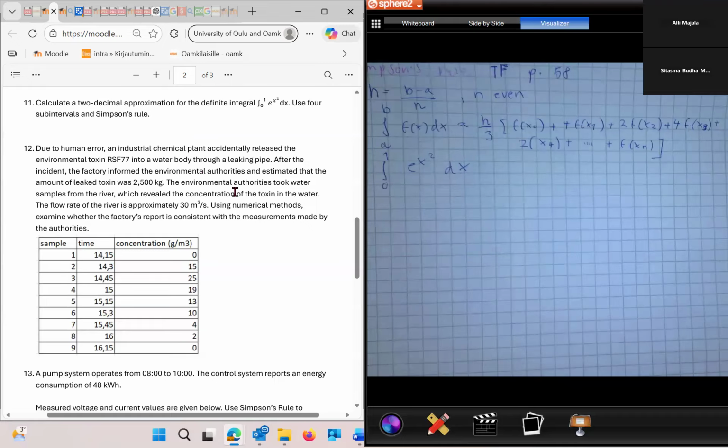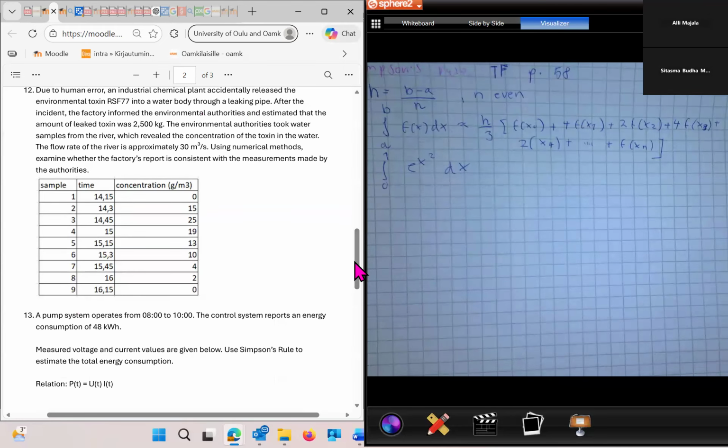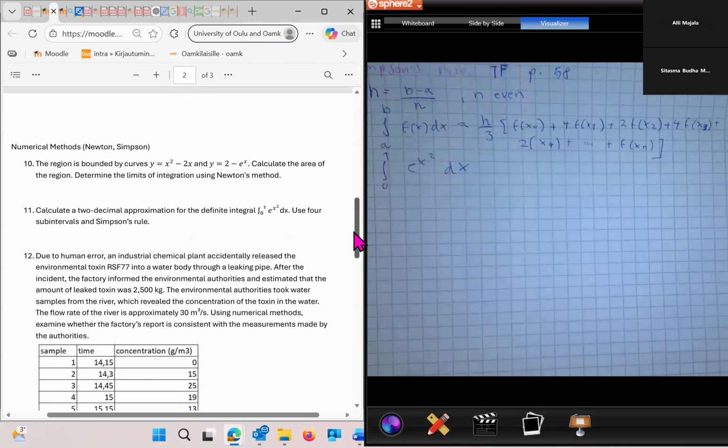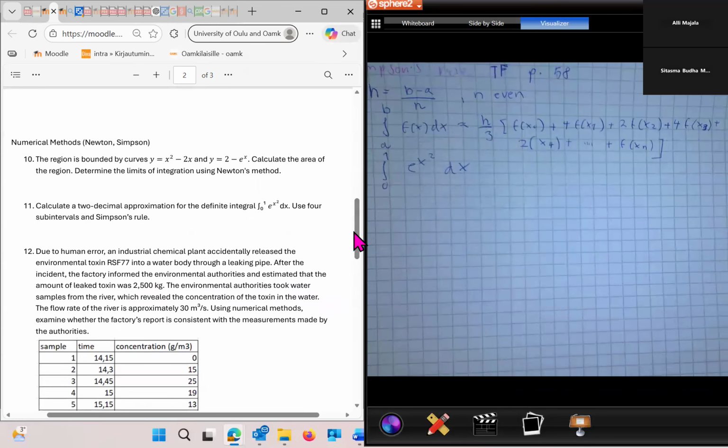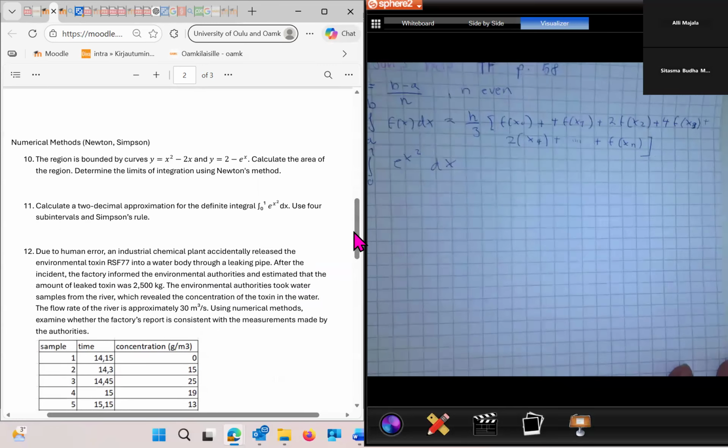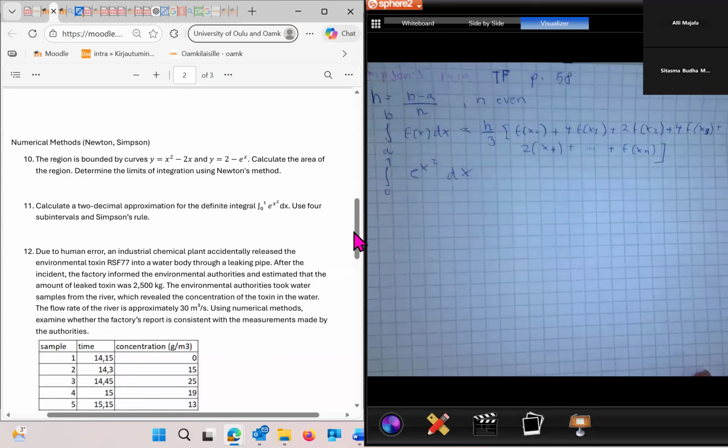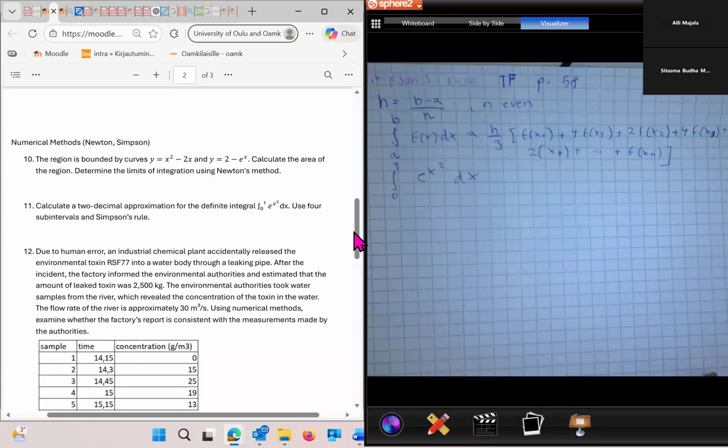These ones are actually easier, you can calculate by hand as well, with the Excel as well. For this it is a bit maybe. But if I have only 4 intervals, 4 sub-intervals.